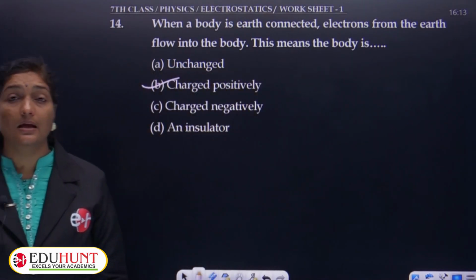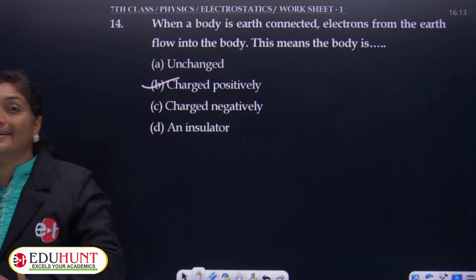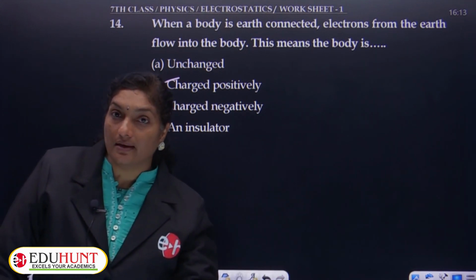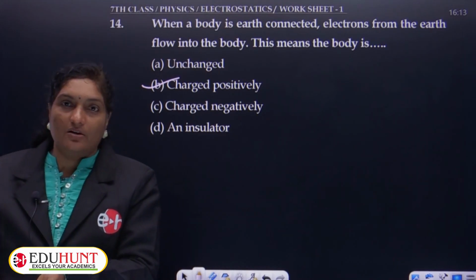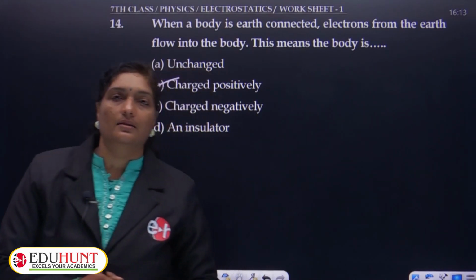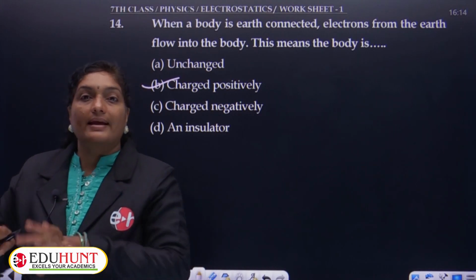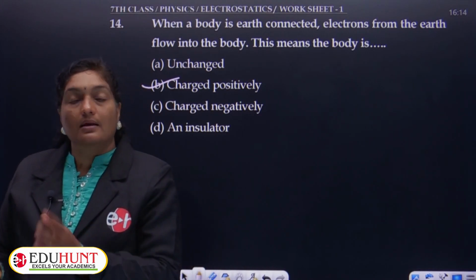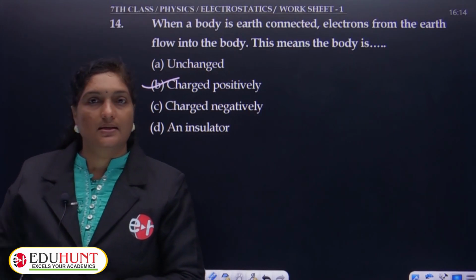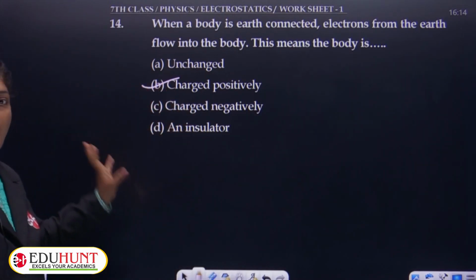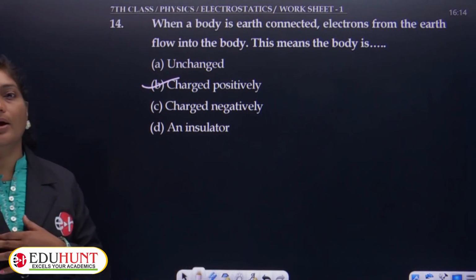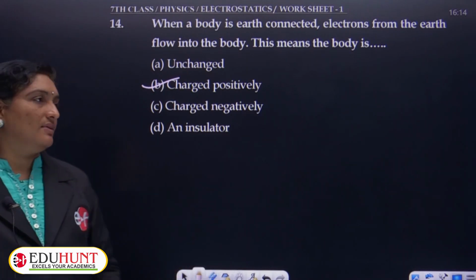In the latter case, if the electrons move into the ground, that means the body has an excess number of free electrons, hence they are moving into the earth. In this case, an excess number of electrons means the body will be negatively charged. That is the second case. So clearly, as the electrons are attracted by the body, it indicates that the body is positively charged.